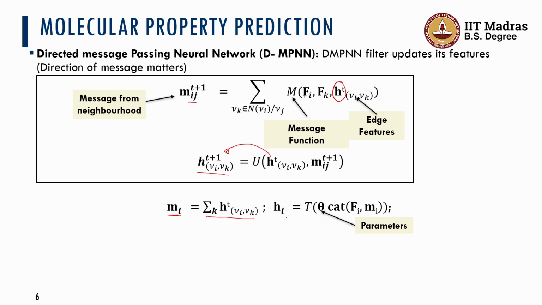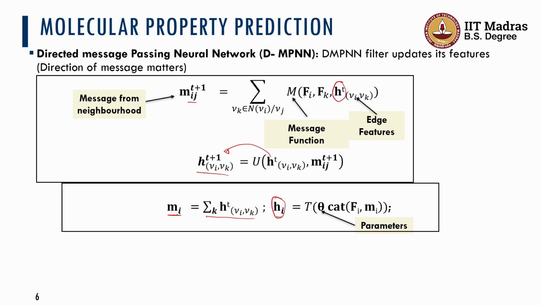And once we have this for the ith node, we construct the new feature Hi by concatenating the old feature Fi and Mi, and construct the Hi for the ith node.